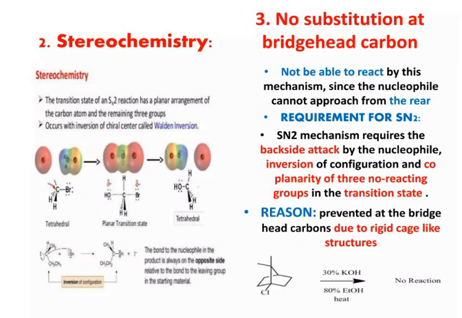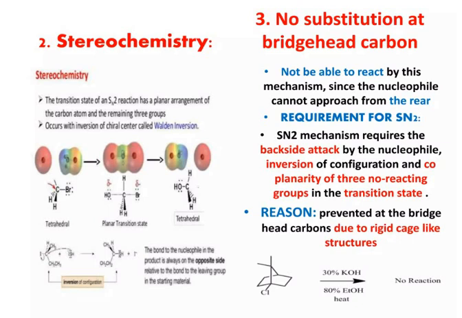Now stereochemistry. The transition state of the SN2 reaction has a planar arrangement of the carbon atom and the remaining three groups. It occurs with inversion of the chiral center, called Walden inversion. You can see here, there is no substitution at a bridgehead carbon. Why?